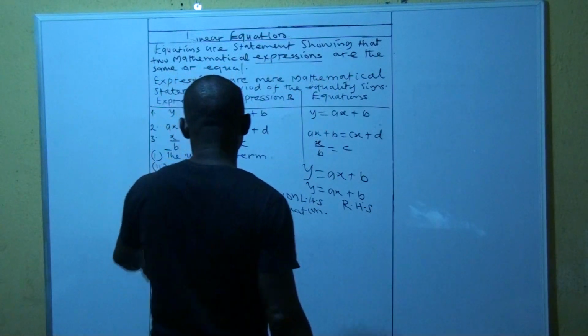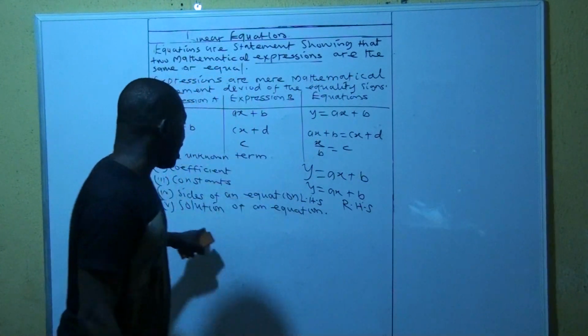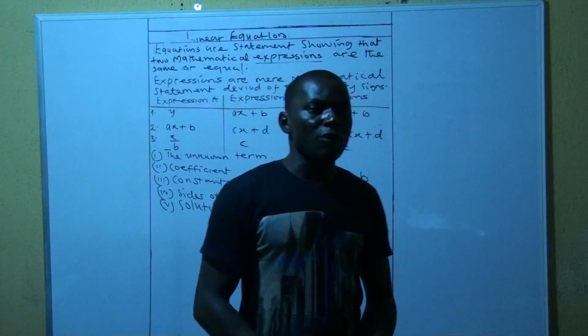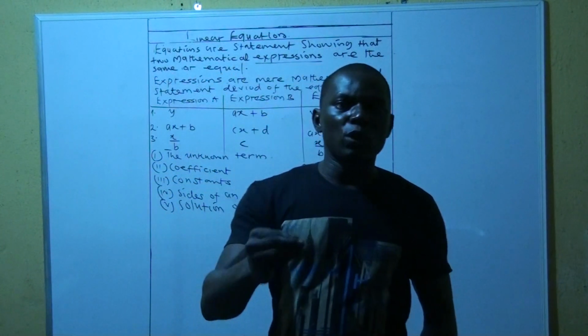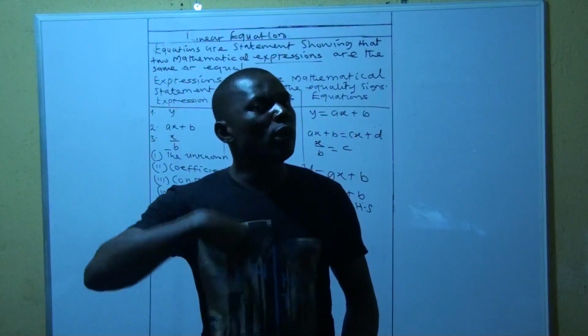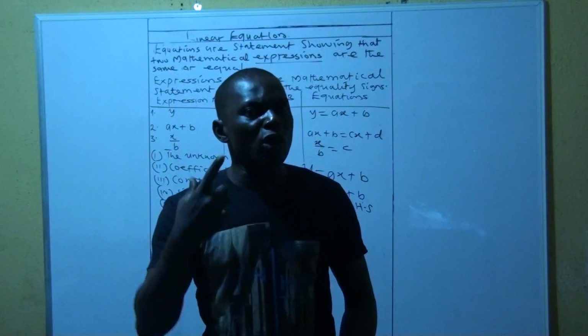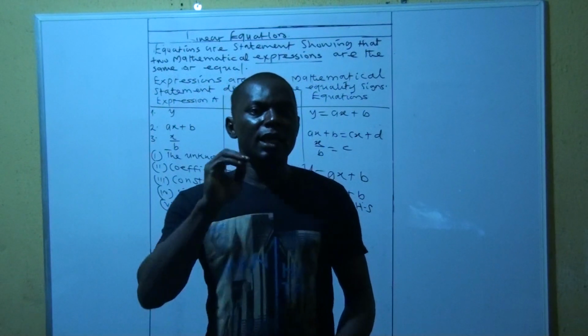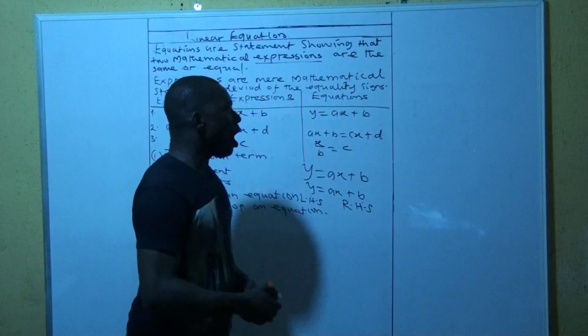Okay, then finally 5, solution of an equation. The solution of an equation is the value of the unknown term that you will eventually resolve, that satisfies the equation.